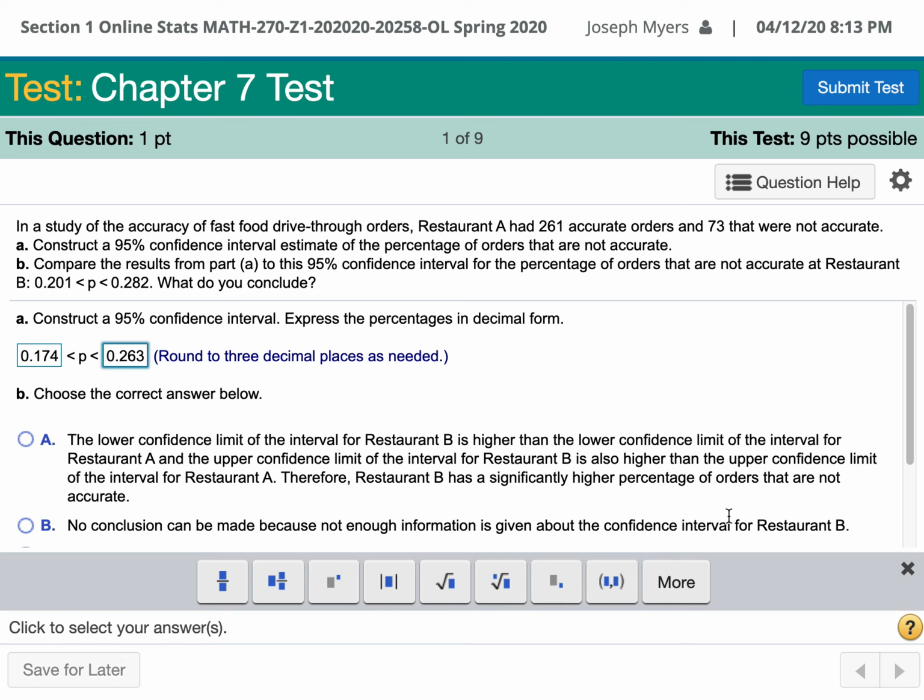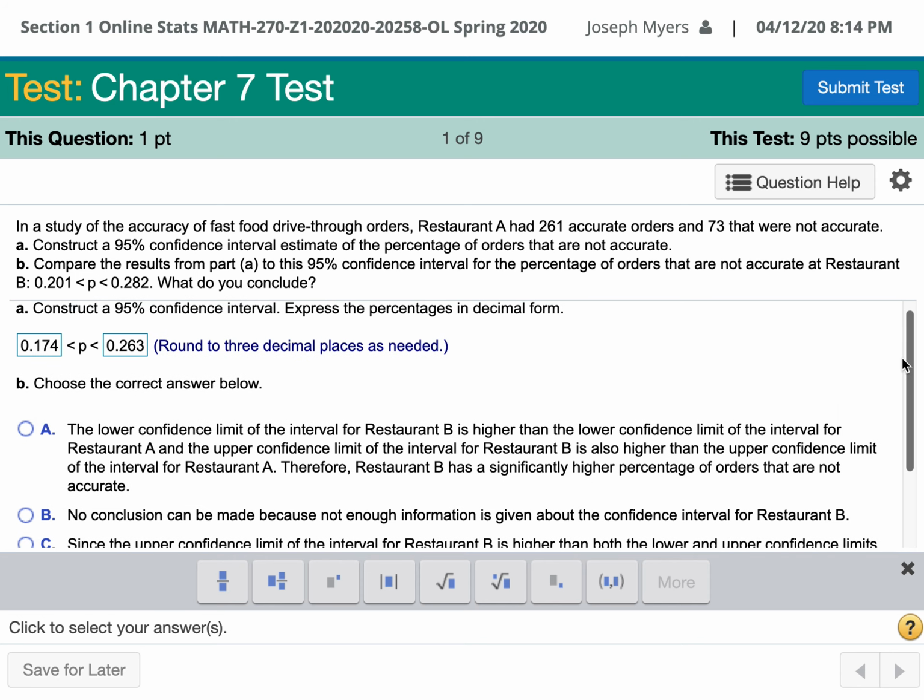And then let's see. In part B it says compare the results from this part to the 95% confidence interval that are not accurate at a different restaurant, restaurant B. That goes from 0.201 to 0.282. So that's about 20%, which is right in between the middle of this.